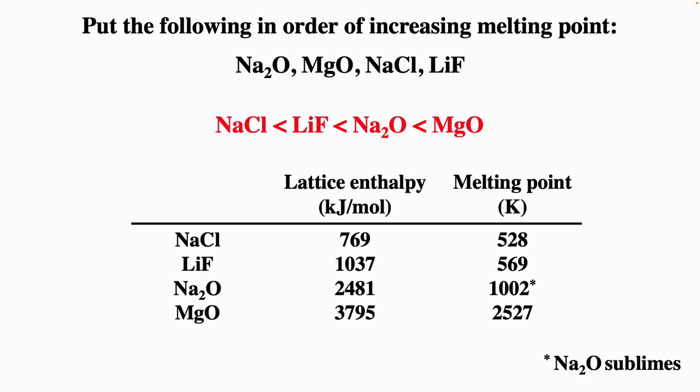And so for lattice enthalpy, again, charge is the most important consideration, and then size. Lattice enthalpy and melting point go together pretty much. Typically, the lower the lattice enthalpy, the lower the melting point. The higher the lattice enthalpy, the higher the melting point. I should also again remind you that lattice enthalpy is a measure of the strength of the ion-ion interaction.